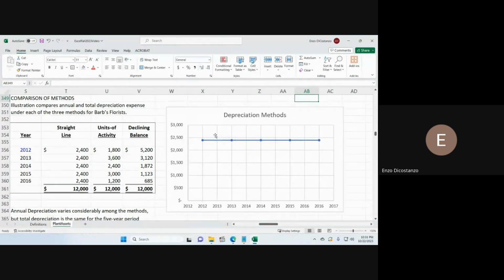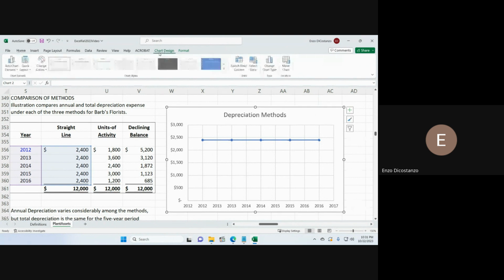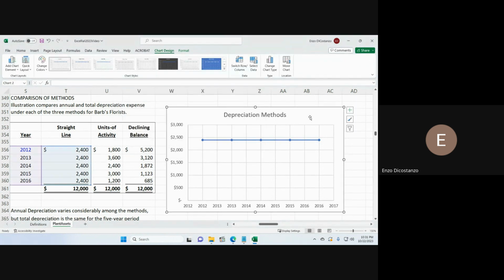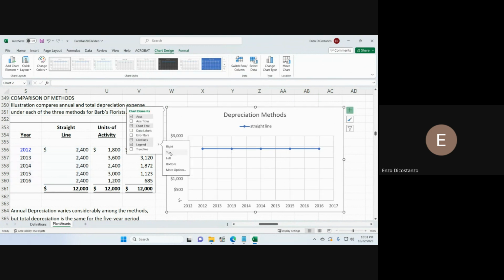Okay. And you can do a couple things. You can click on this and go to design and go to select data. Oh, no, wait. You want to go to legend. All right, legend, the legend up top, straight line. See that?